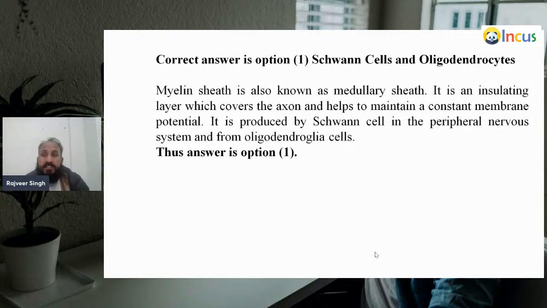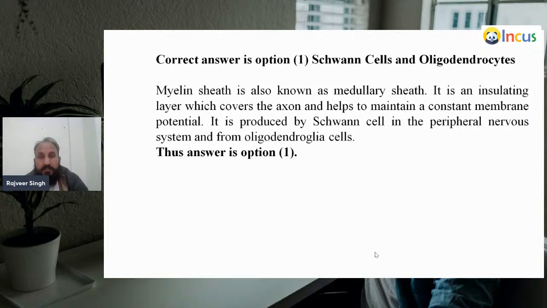It is an insulating layer which covers the axon and helps to maintain a constant membrane potential. It is produced by Schwann cells in the peripheral nervous system and by oligodendroglia cells.